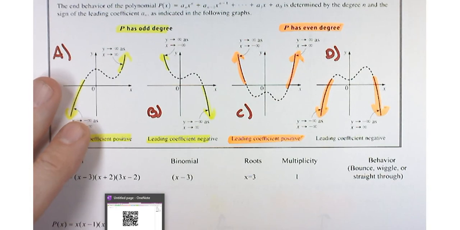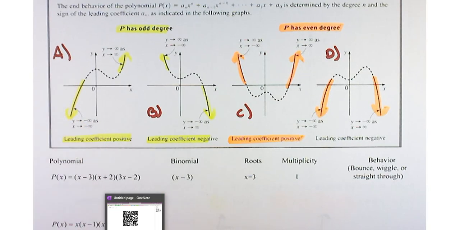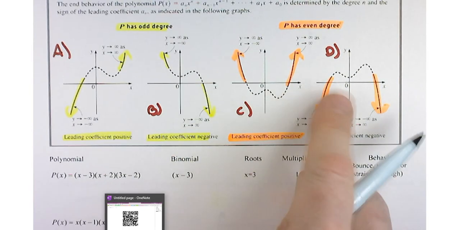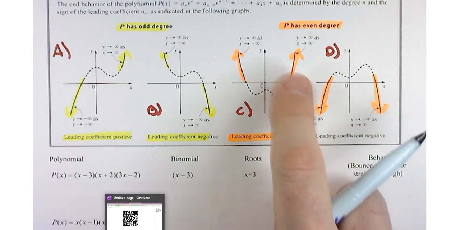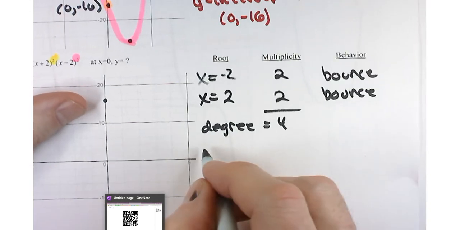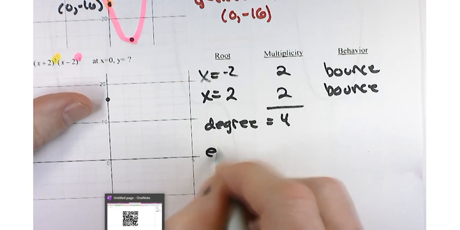Which one do you expect here? C. Yeah, I like C. You've got an even degree, so it has to be one of the orange graphs here. And because everything's going to be positive when we multiply it out, at least in terms of the leading coefficients, it's going to have an end behavior of C.